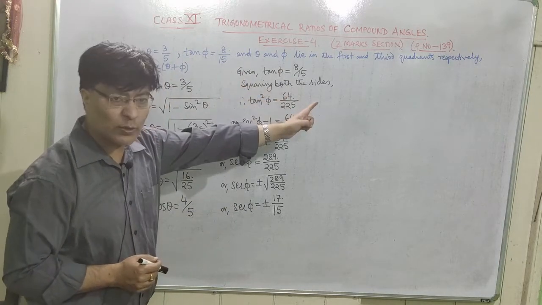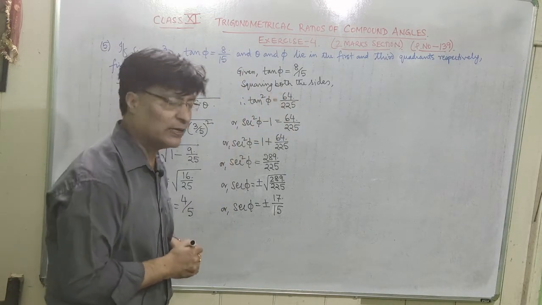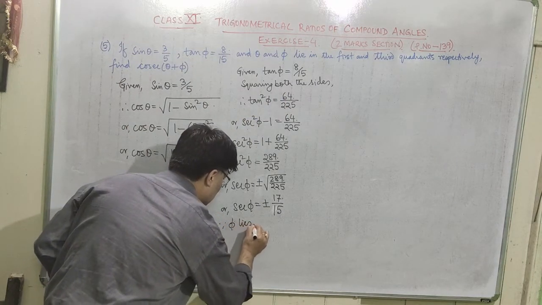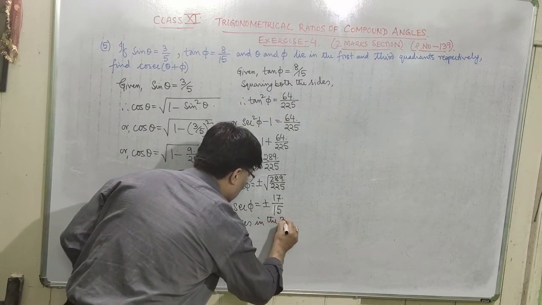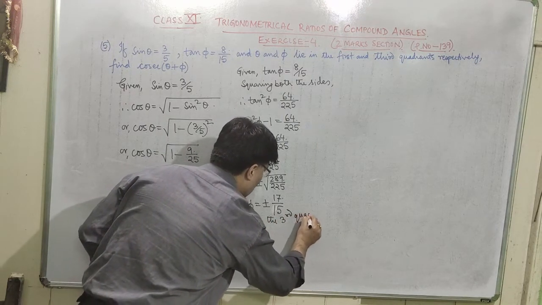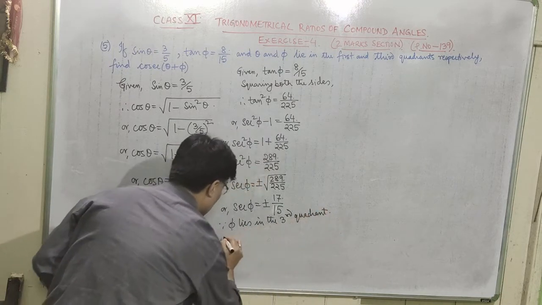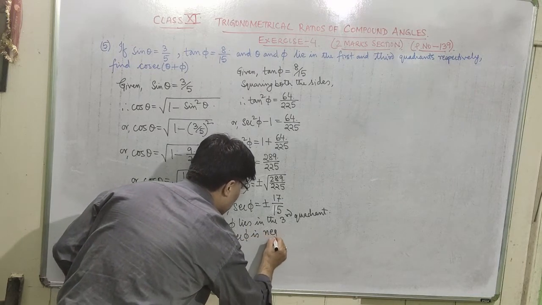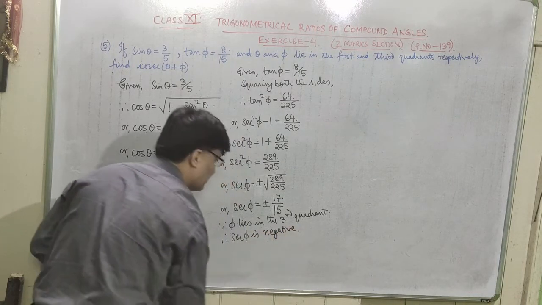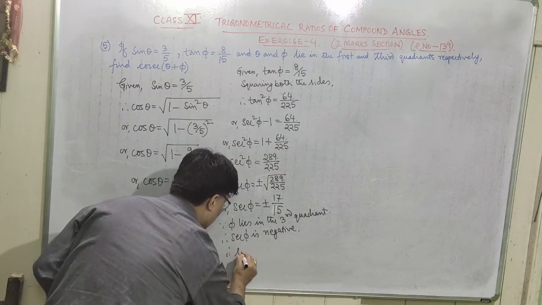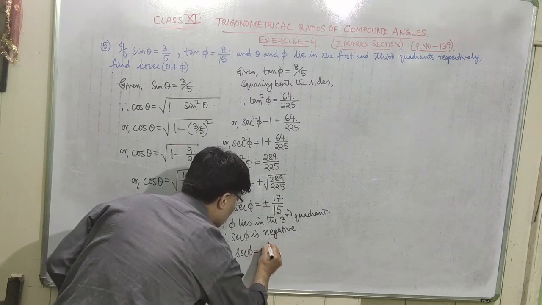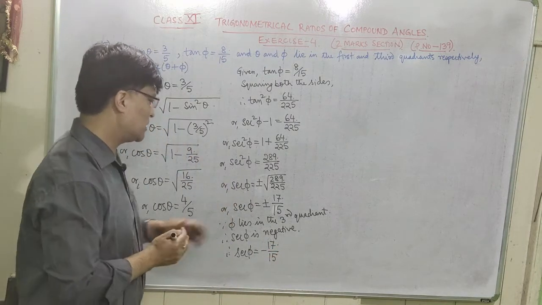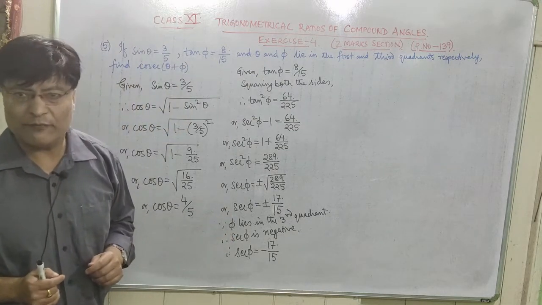Since phi lies in the third quadrant, and in the third quadrant sec phi is always negative, therefore sec phi is negative. So sec phi is equal to minus 17 upon 15.